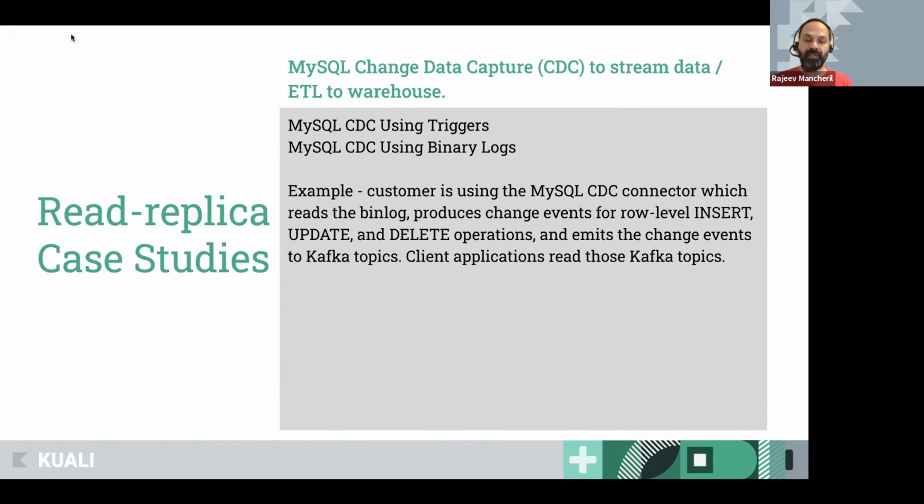There are multiple options available. One is using triggers and the other is binary logs. Once we enable the binary logs, I think that's the preferred method used by most. I'm sure University of California, San Diego is using a similar approach where the binary log is enabled and you're just watching the change logs and pushing them to Kafka.